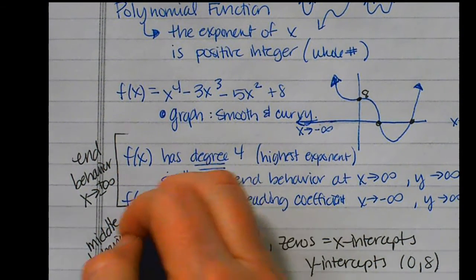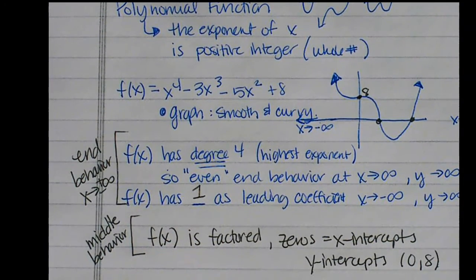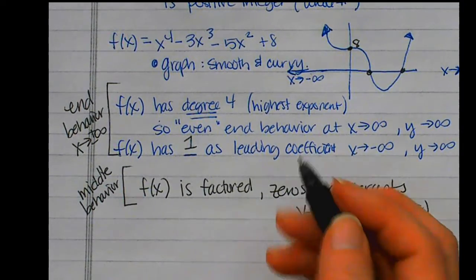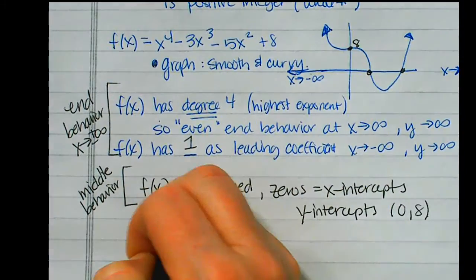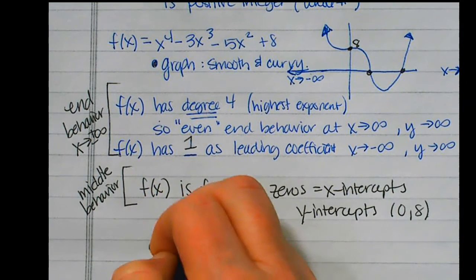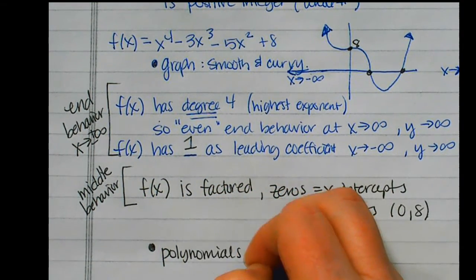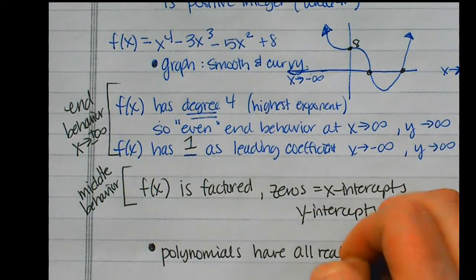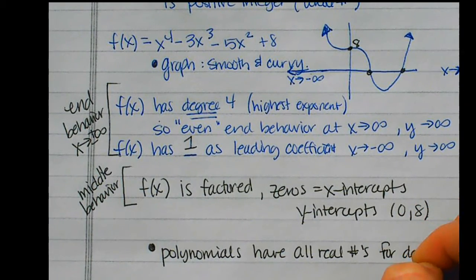So end behavior and middle behavior, function notation. While I've got all of these things up here, these are like bullet points. This is another bullet point for polynomials: polynomials have all real numbers for domain.